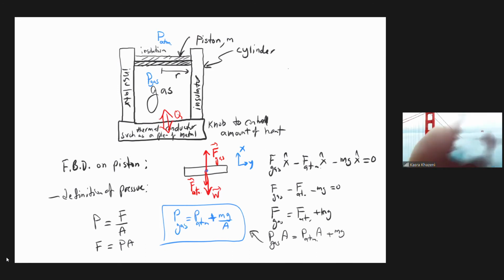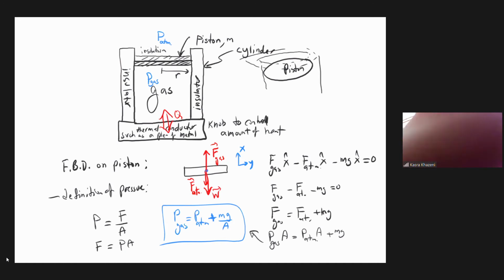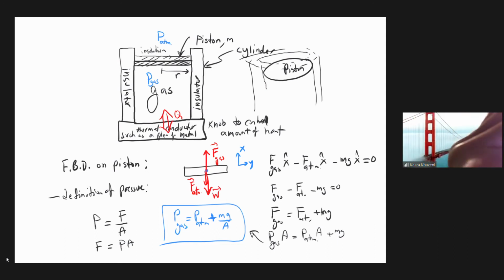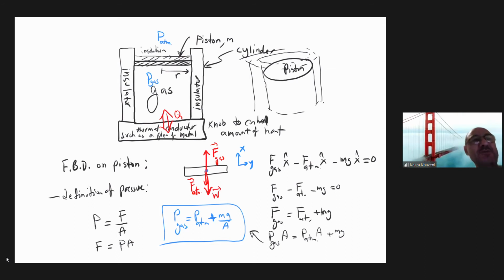Okay, so let me draw this way. Here's the piston, and here's the cylindrical jacket. You see it? Okay, so that's how it looks.